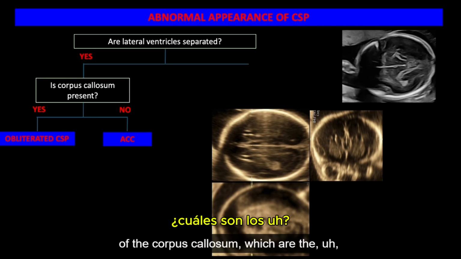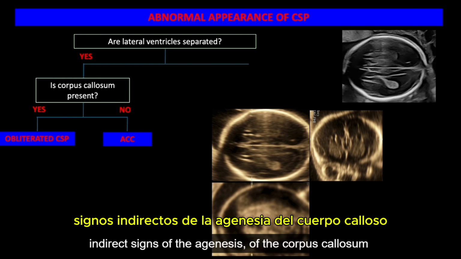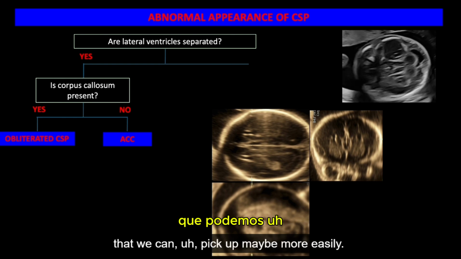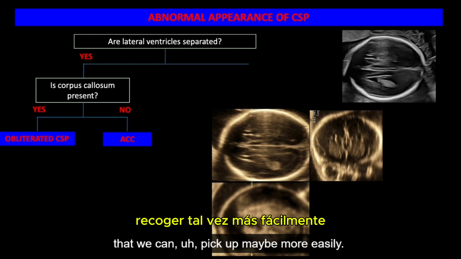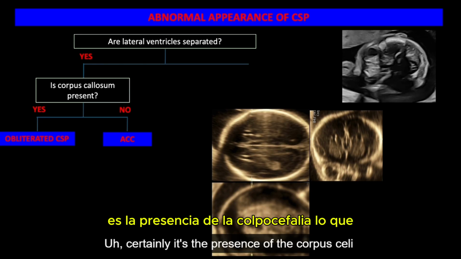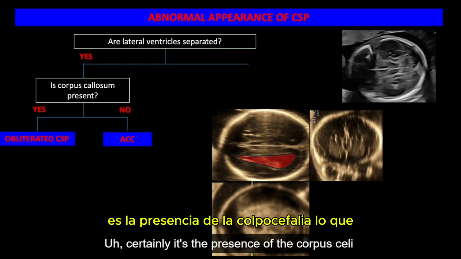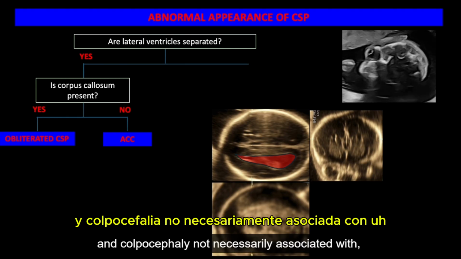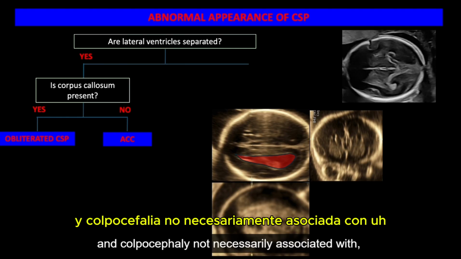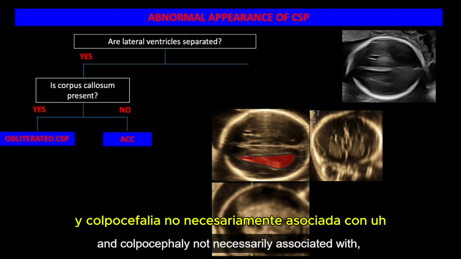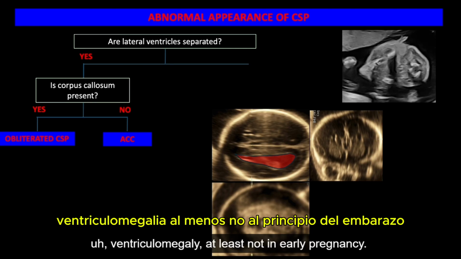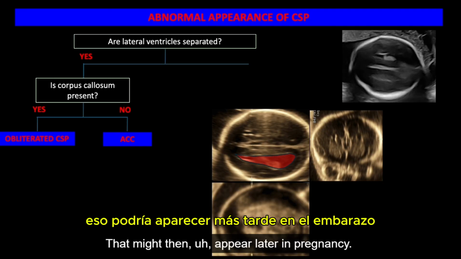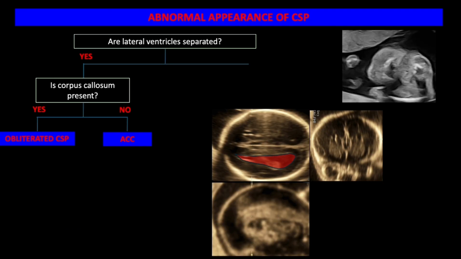Which are the indirect signs of agenesis of the corpus callosum that we can pick up maybe more easily? Certainly, it's the presence of colpocephaly that we can see on the transverse scan, and colpocephaly is not necessarily associated with ventriculomegaly, at least not in early pregnancy, that might then appear later in pregnancy.